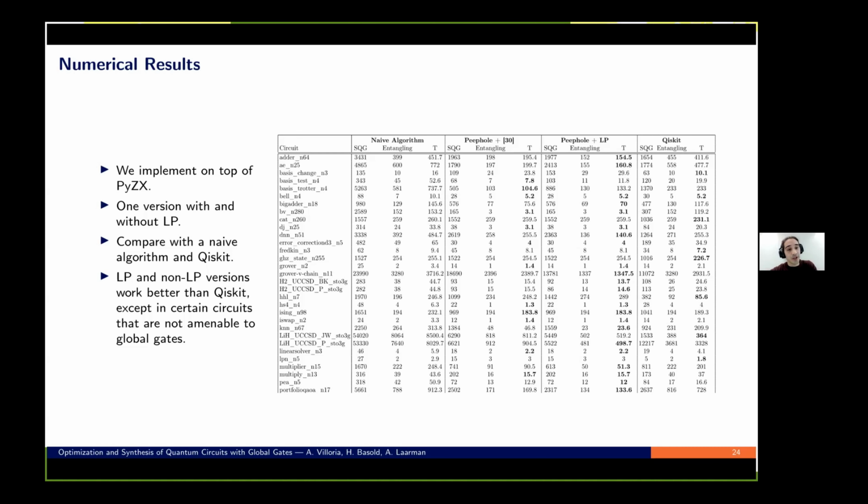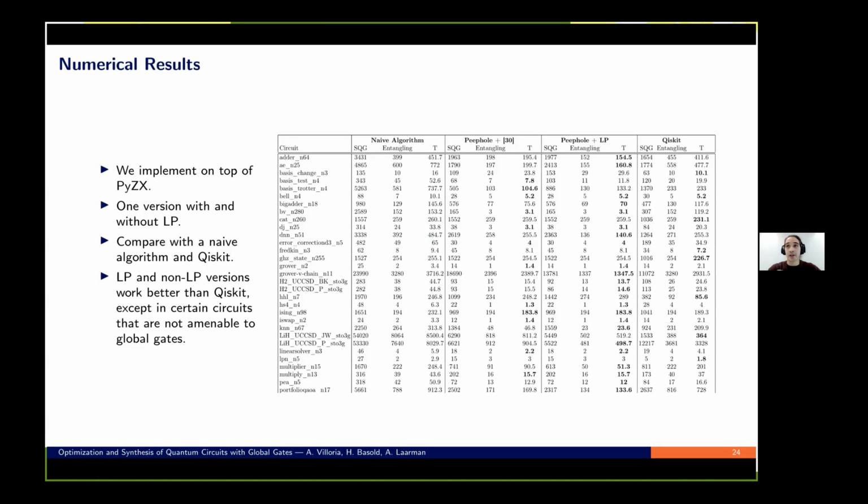First we have a naive algorithm, which basically just goes through your circuit, and if it finds CNOTs that have a different support, so they could be executed completely in parallel, but you're not aware of these circuit rewrites that we have here, then you just compile this as global gates, so just parallel CNOTs.